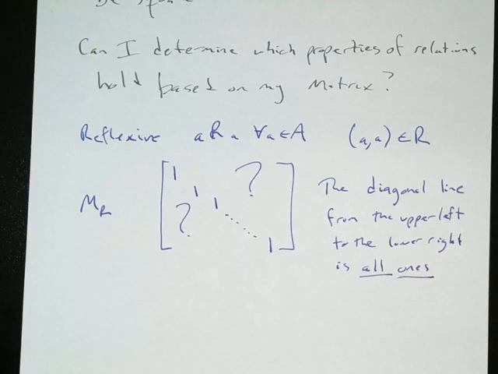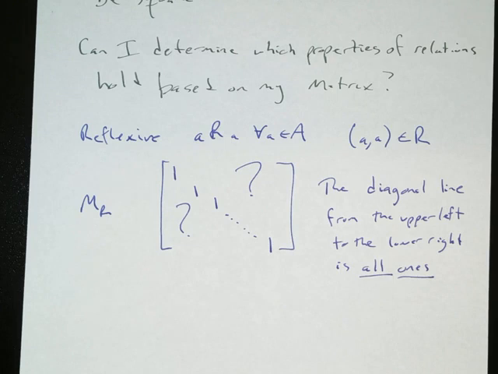Now, when we talk about the entries in a matrix, we talk about the row number and the column number, right? So I can index the entries in a matrix by using a subscript, not just a single number, a pair of numbers.